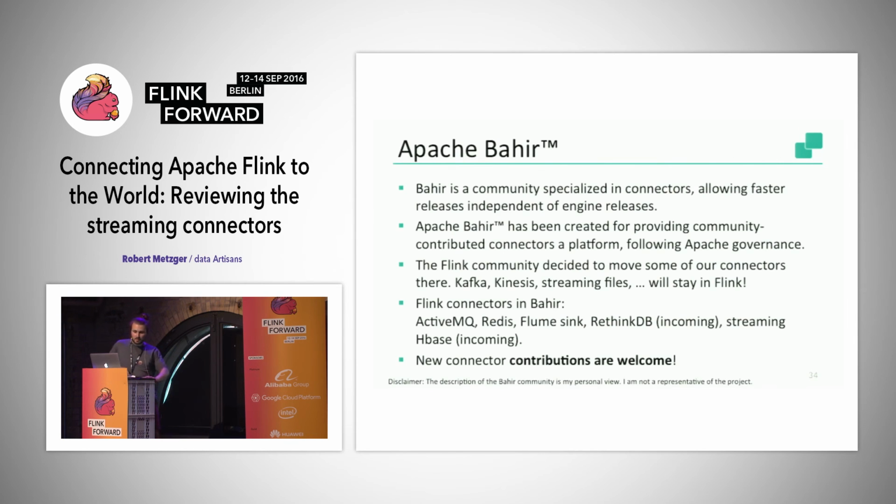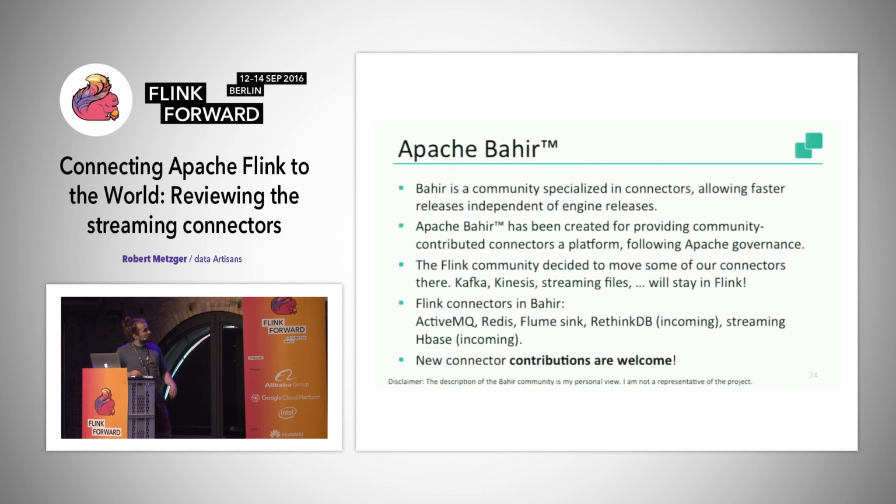And then, as I mentioned, Apache Bahir. Apache Bahir is a quite young top-level Apache project that was actually started by members of the Apache Spark PMC. You might be wondering about Spark and Flink, but Apache Bahir is a project aimed at providing a community for writing connectors for platforms, things like reading from ActiveMQ or some other systems.